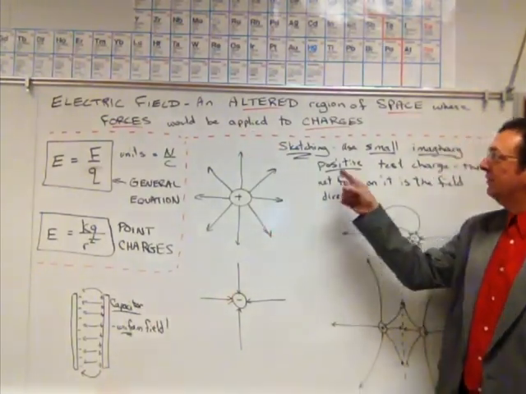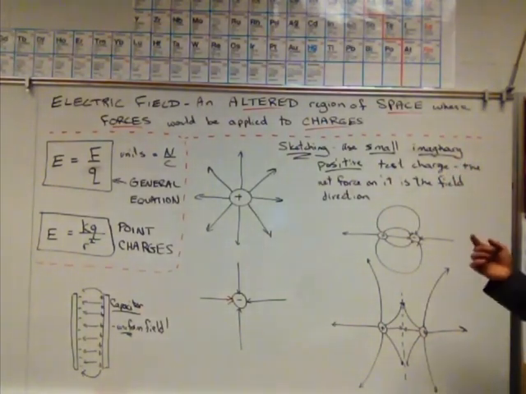We place small imaginary, these are things that we use just to help us deal with things, small imaginary positive test charges. Because of Benjamin Franklin, we just stick with positive throughout all of these ideas for electrostatics and circuits and electricity and magnetism. Use a small imaginary positive test charge, and the net force on that positive test charge would be the direction of the field.